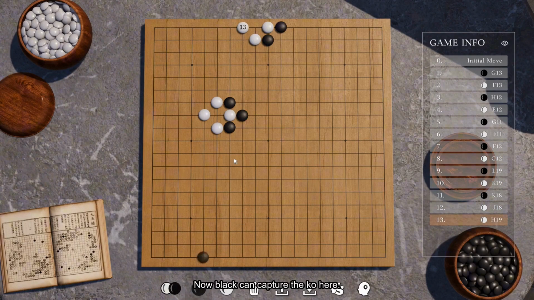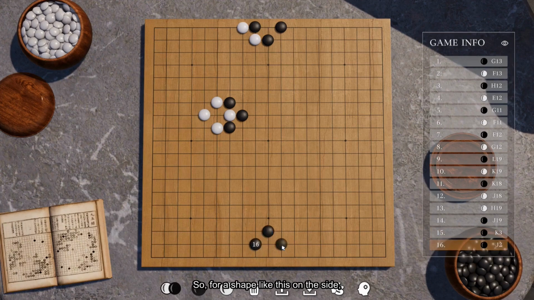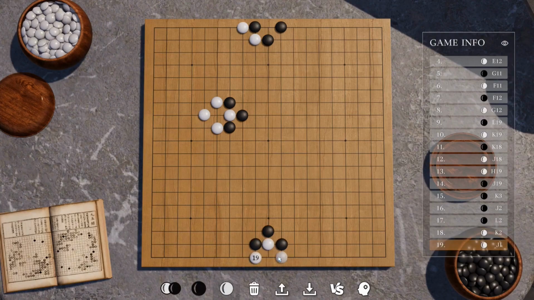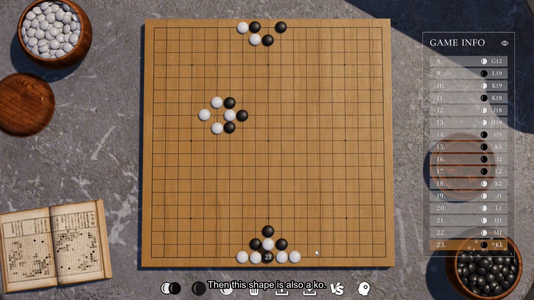Now black can capture the KO here. After white finds a KO threat, white can recapture this stone. So, for a shape like this on the side, I will add 2 more stones for white here to prevent it from being directly killed. Then this shape is also a KO.